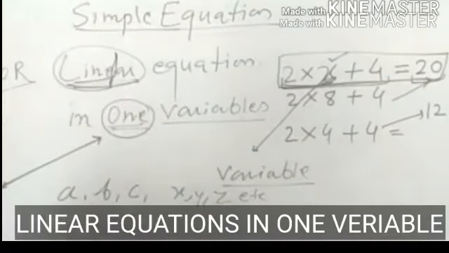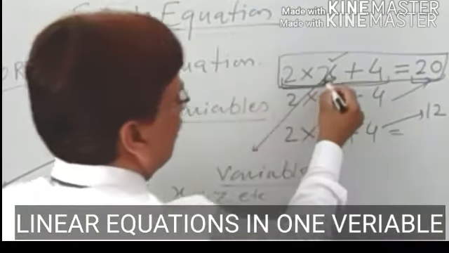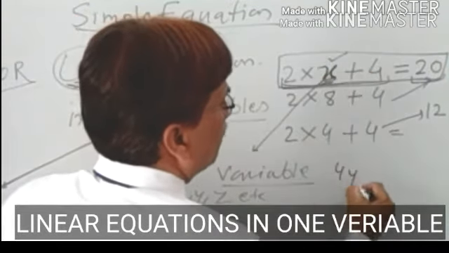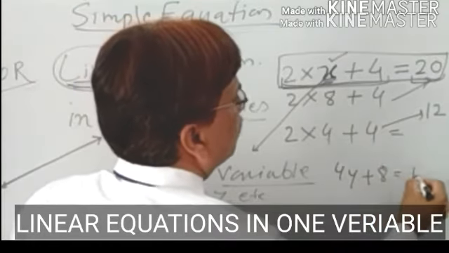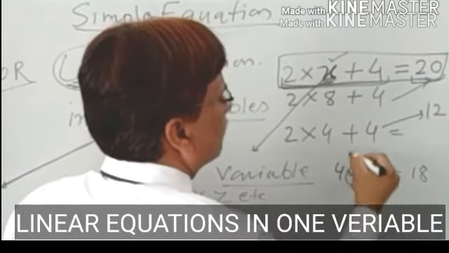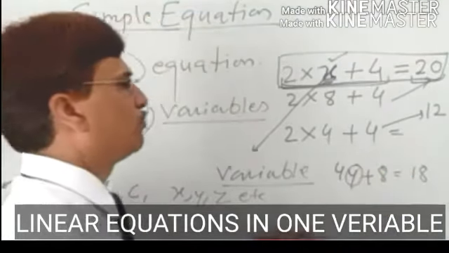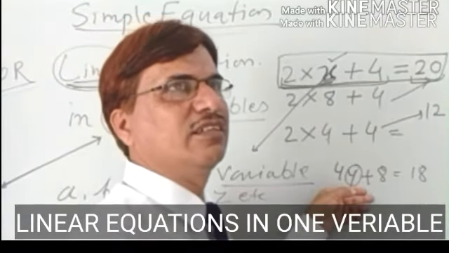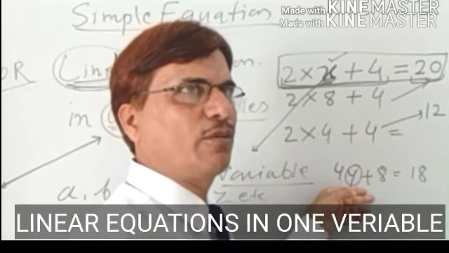Now, one variable: 4y plus 8 is equal to 18. This is also a one variable linear equation. Okay.